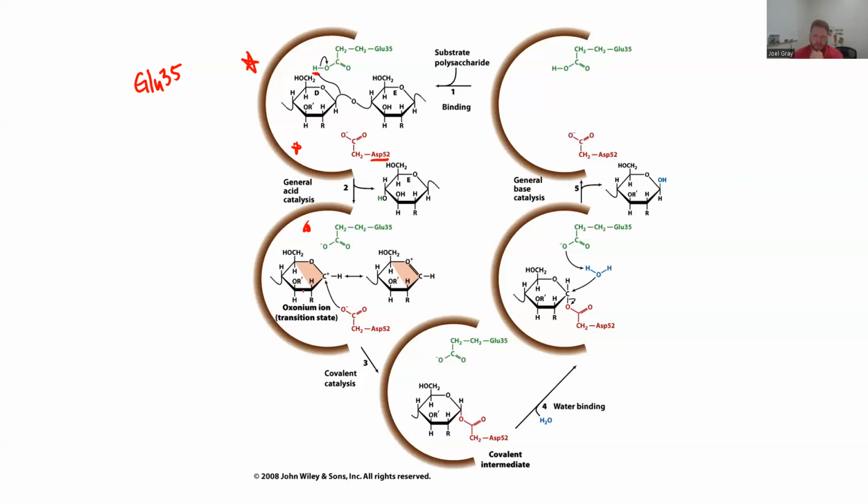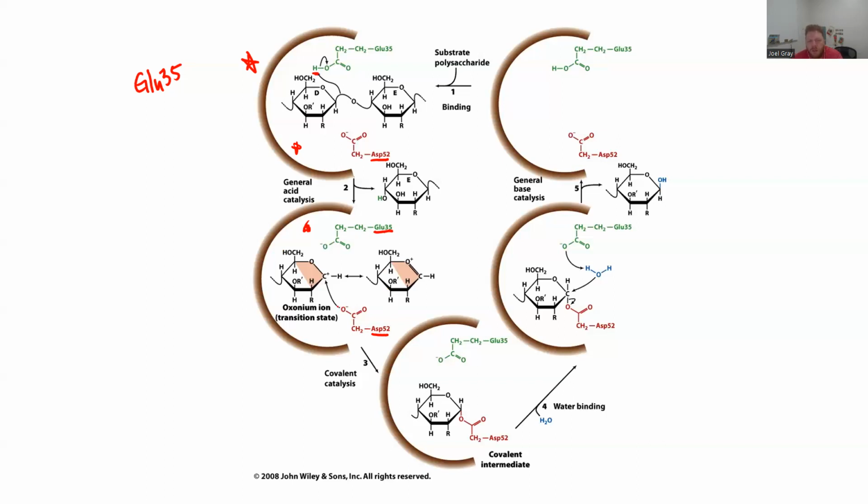Our substrate finds this transition state, this oxonium ion, and in this oxonium ion, we have a negatively charged group for that aspartate 52. Glutamate 35 is present in this second cell, and aspartate 52 is also negatively charged.